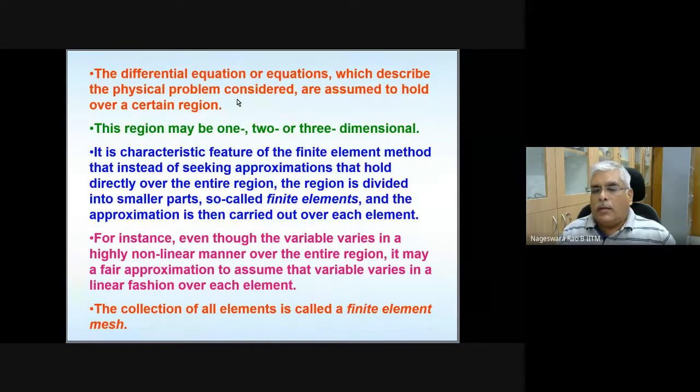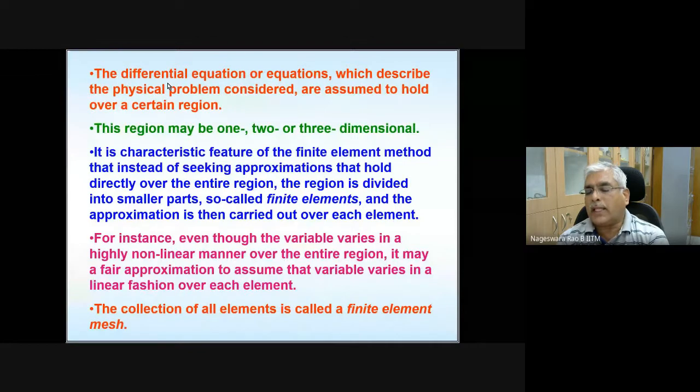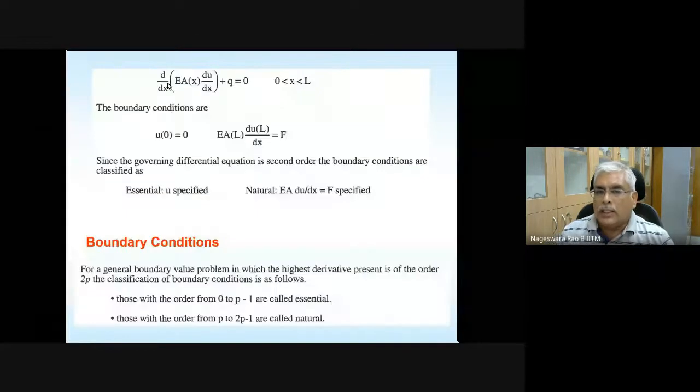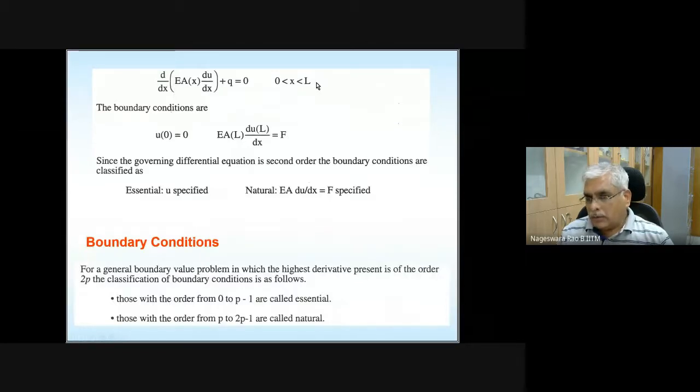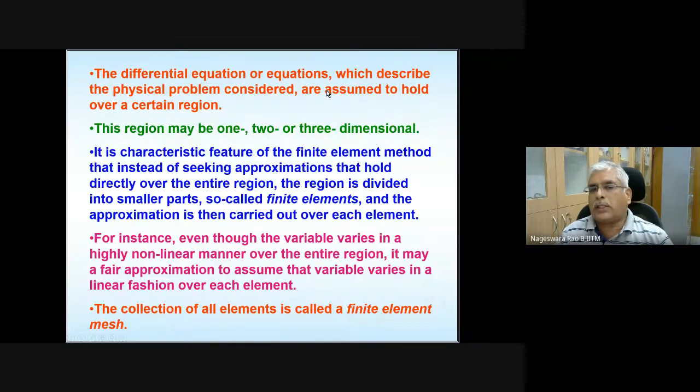So let's go through this quickly. Some write-up is here. The differential equation or equations which describe the physical problem considered are assumed to hold over a certain region. That is what this first point is.